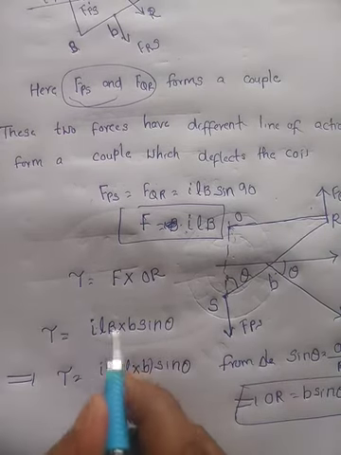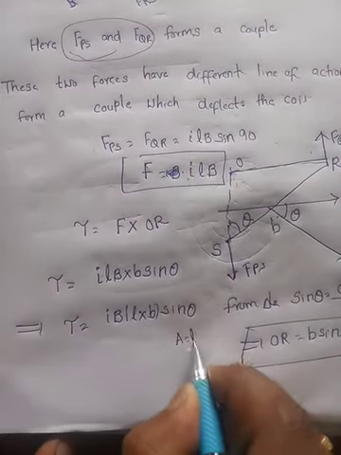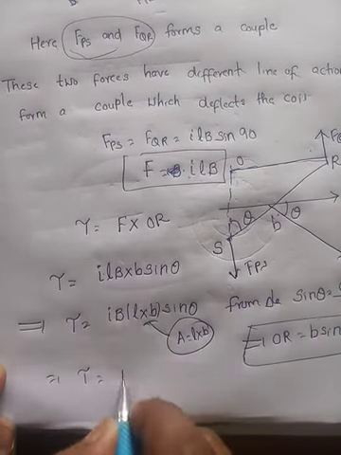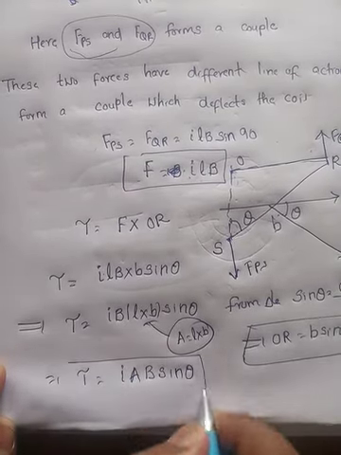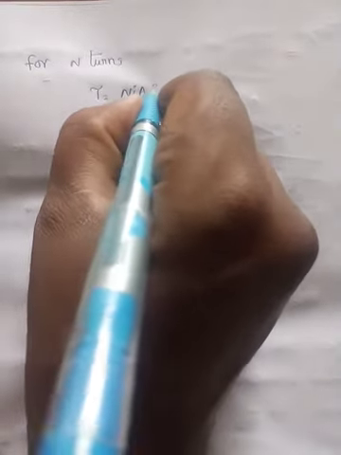Can I write like this? L into B. What object do we consider here? Rectangle. What is the area of the rectangle? Length into breadth. Since A is equal to L into B, we can write A. So tau is equal to IAB sin theta. For N turns, tau is equal to NIAB sin theta.